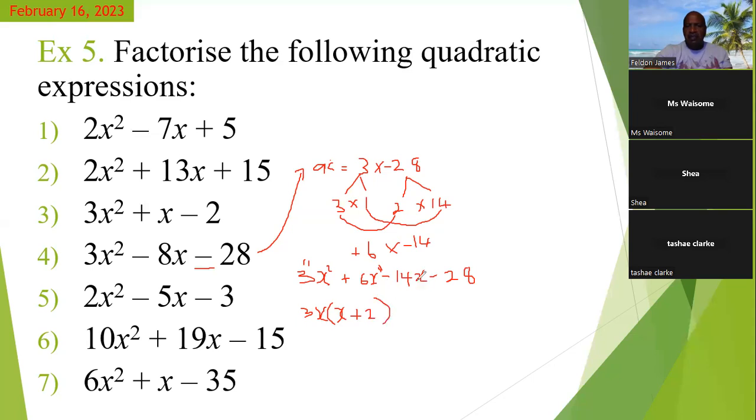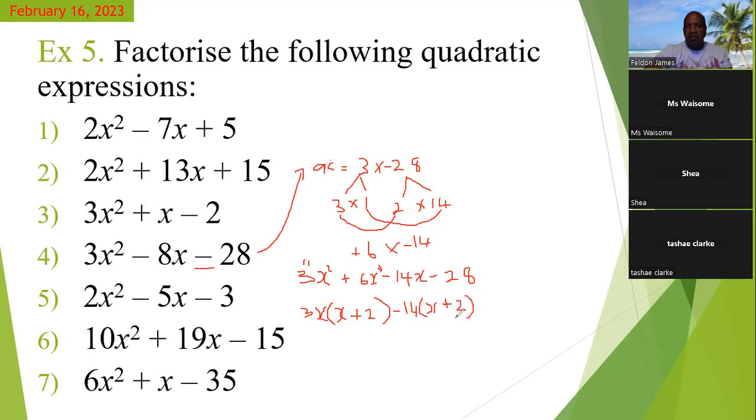Now for this side, we take -14 to be our HCF. -14 into -14x gives you positive x, and -14 into -28 gives you positive 2.